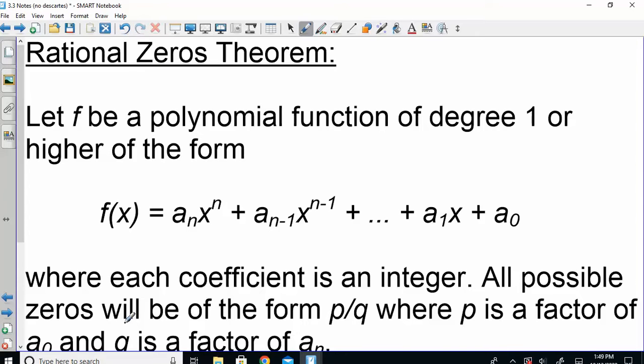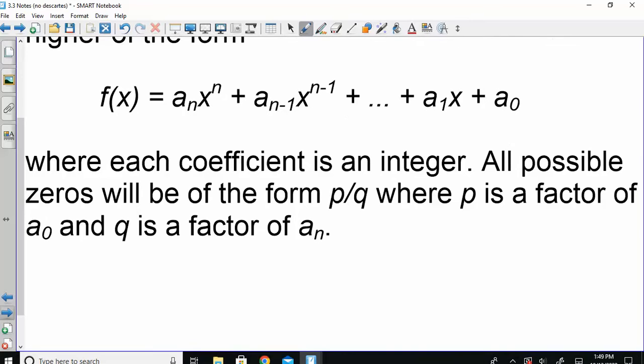So it says, if we have a polynomial function, didn't we write down a definition like this a couple days ago in our notes handout? So we've seen that before. We know those a's are just coefficients. We know x is a variable and we have powers on them. Okay, here's what's important. All possible zeros will be of the form p over q, where p is a factor of a sub 0, or the constant, and q is a factor of a sub n, or the leading coefficient.